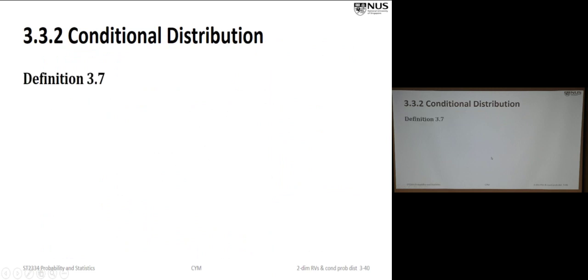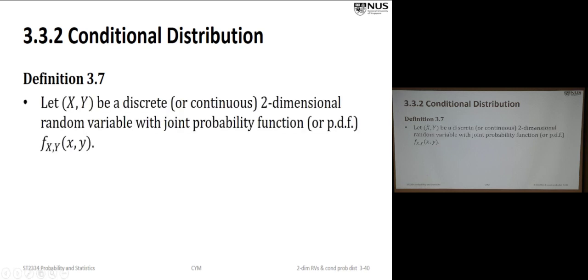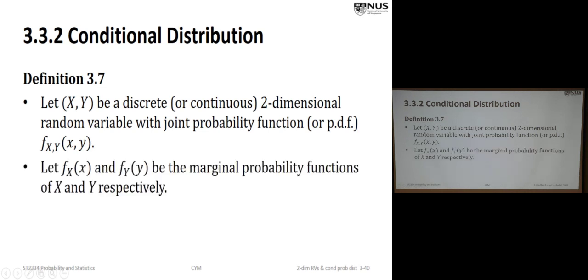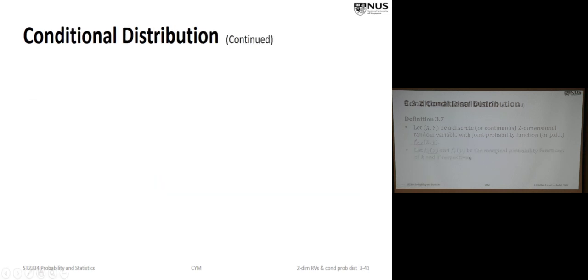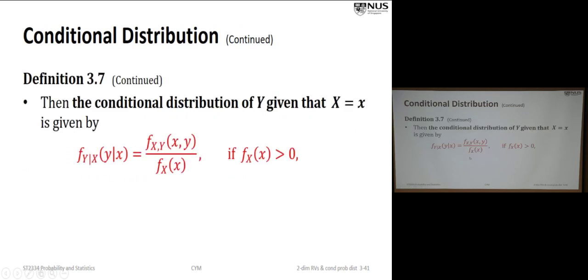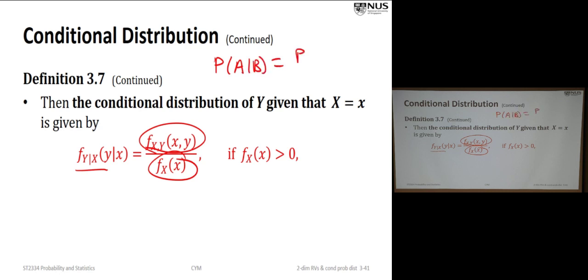Then, conditional distribution. X and Y are two-dimensional random variables with the joint PDF f of x, y, and we can work out the marginal. Then the conditional distribution is defined as the ratio of the joint distribution divided by the marginal. If you recall, in chapter 1 we talked about this.